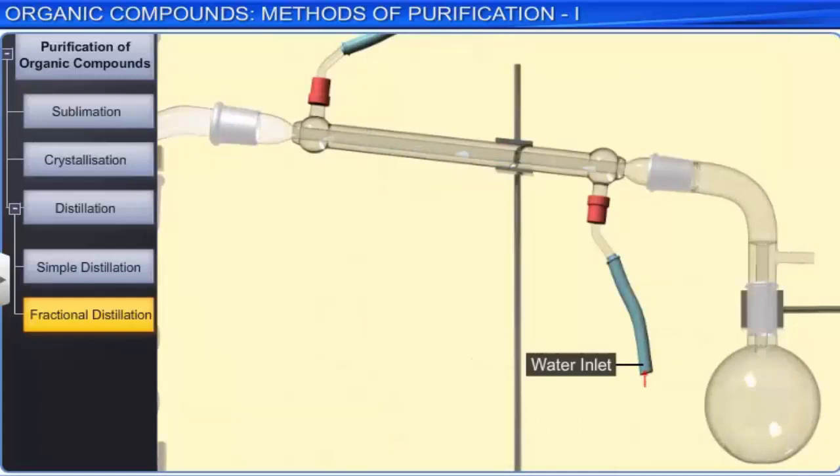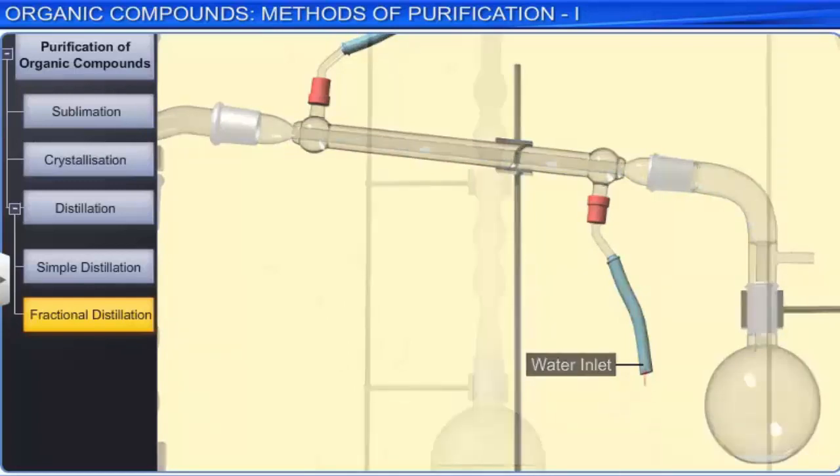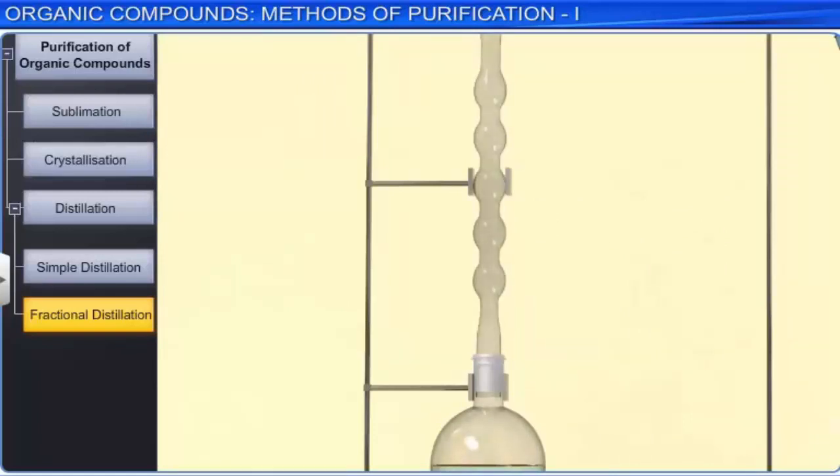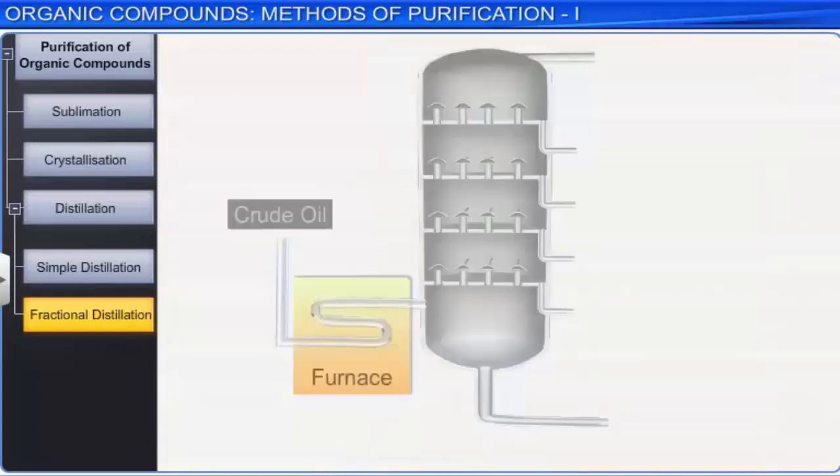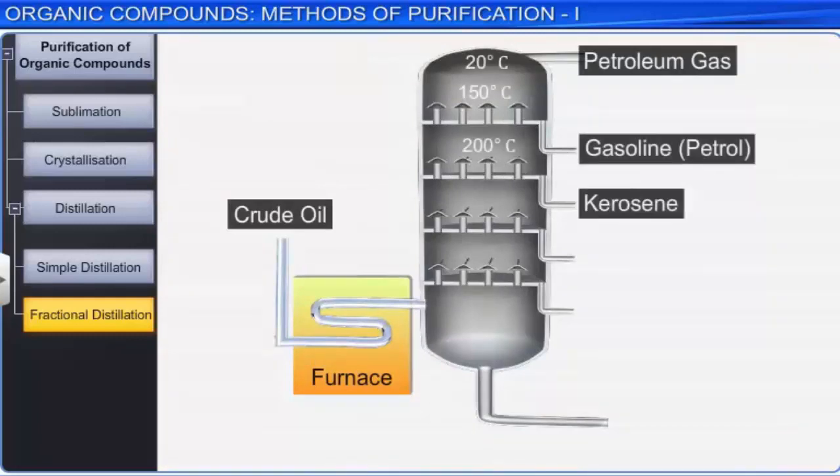The remaining liquid in the distillation flask becomes rich in the high boiling component after a series of successive distillations. Each successive condensation and vaporization unit in the fractionating column is called a theoretical plate. The technique of fractional distillation is used in the separation of different fractions of crude oil in the petroleum industry.